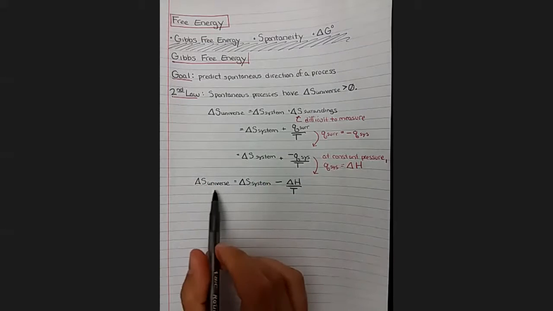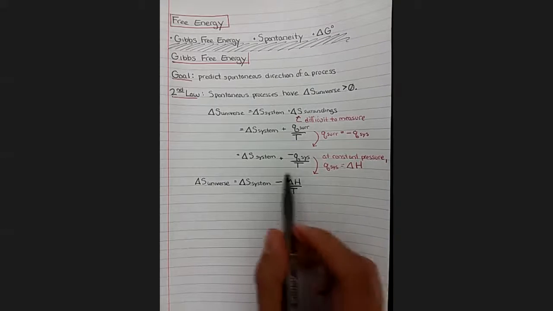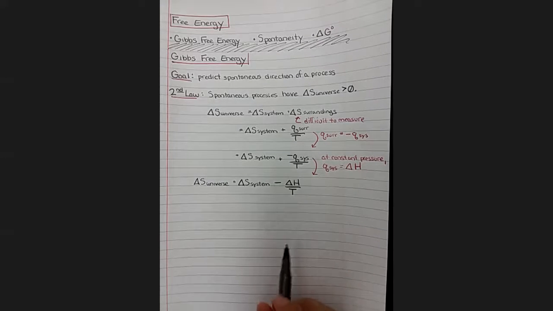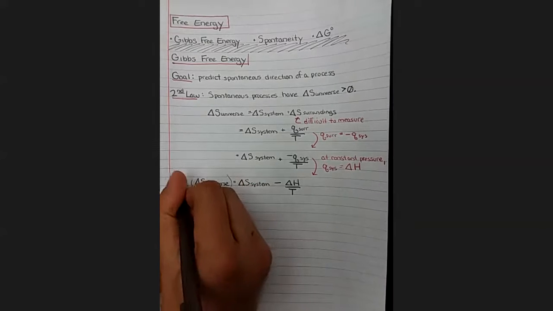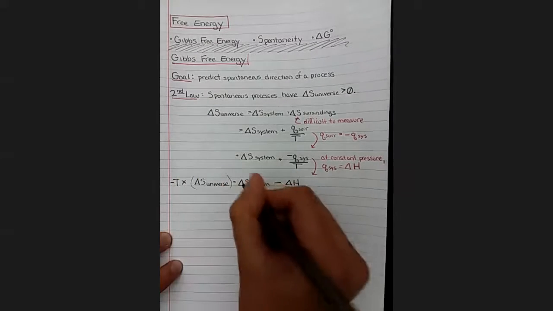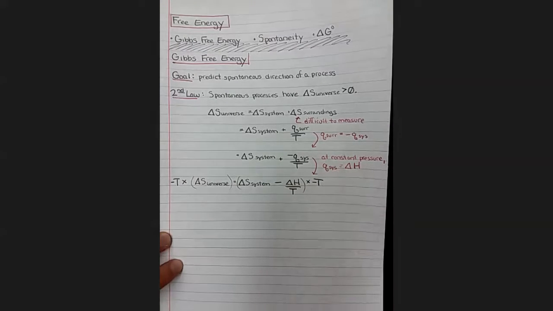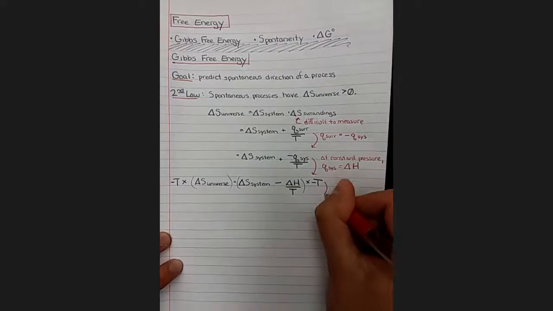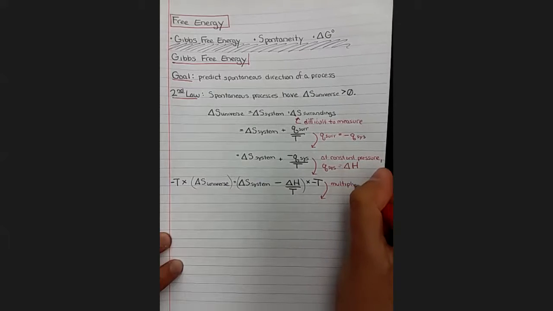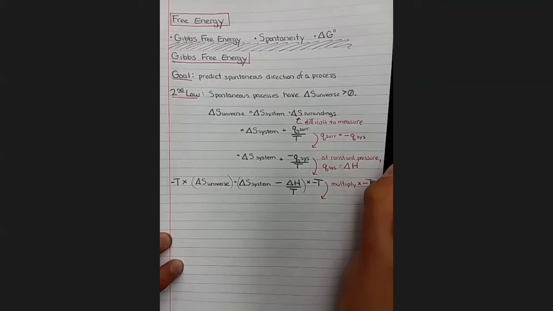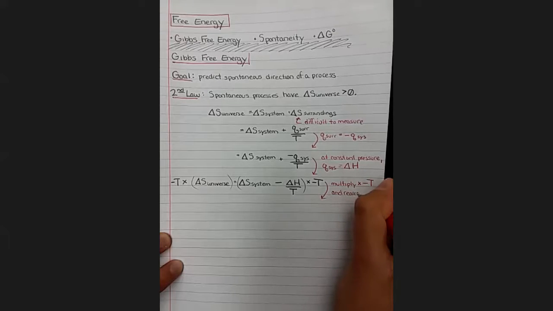Now we're relating our champion delta S of the universe to some actual measurable numbers, but we don't really like having temperature on the bottom. So let's go one step further, and let's multiply both sides by negative T, just to move that T up to the top. It'll look nicer that way. So multiply both sides by negative T and rearrange so it looks nice.